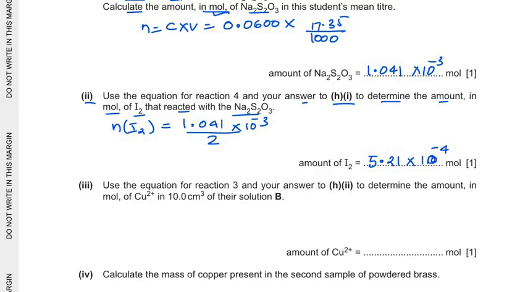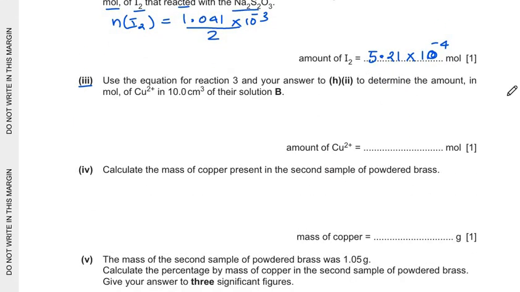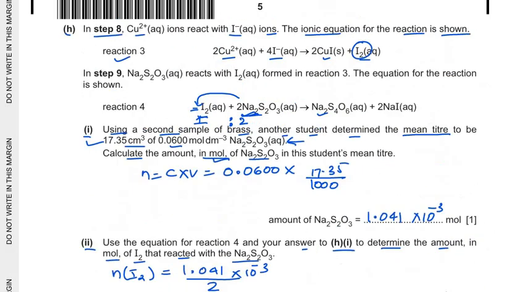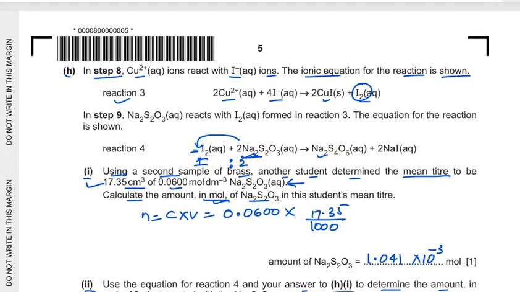Right? The third part is, use the equation for reaction 3 and use your answer to H2 to determine the amount in moles of copper ions in 10 centimeter cube of solution B. Now, if we are talking about reaction 3, if we check the moles of iodine and the copper ions, again it is a 2:1 ratio, right?